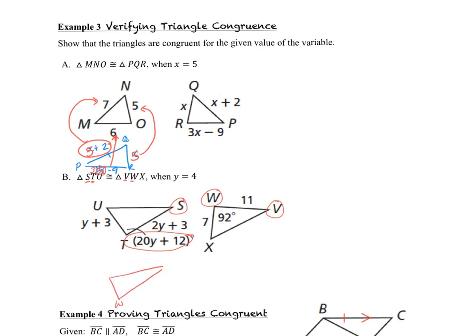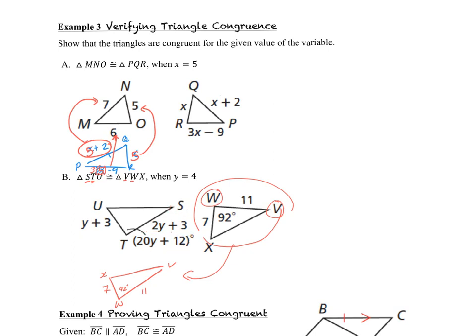So if I put W down here and V where it should be in X, then I can just rewrite what was on the right. So WV is 11. Almost put that in the wrong spot. WX is 7. And angle W is 92 degrees. So I just took everything that was on the triangle on the right and moved it over to show what's going to match up with what.